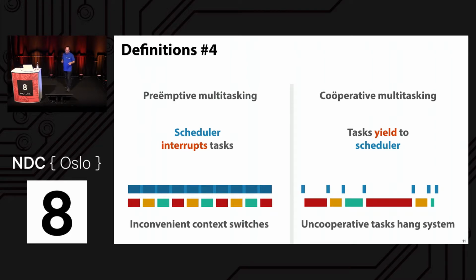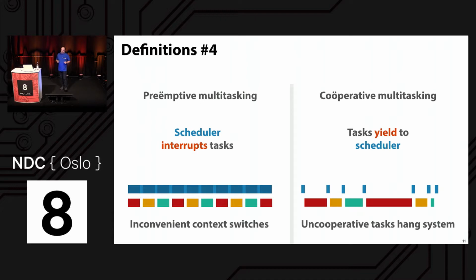And of course, preemptive multitasking requires some parallelism. So even if you have one core in your computer, there is hardware-level parallelism going on.